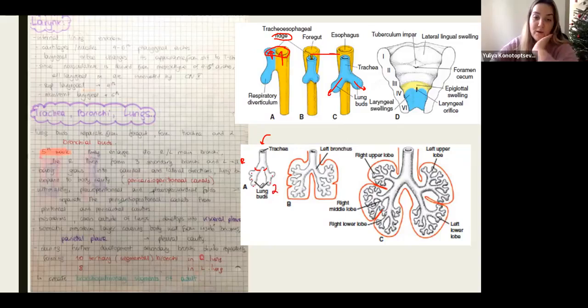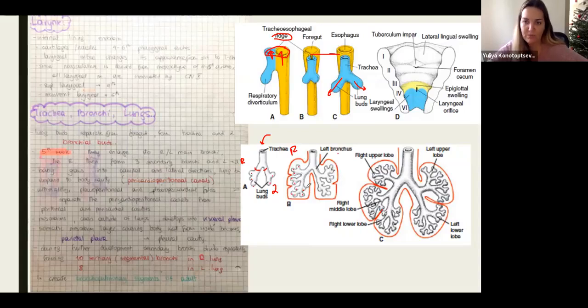These secondary lobar bronchi continue to divide a bit more. So we can see that there are how many? 1, 2, 3, 4, 5, 6, 7, 8, 9, 10. So in the right lung, these secondary lobar bronchi divide to become 10 bronchopulmonary segments or 10 tertiary bronchi. In the left side, according to embryology, there are 8, but according to anatomy, there are 10 as well.